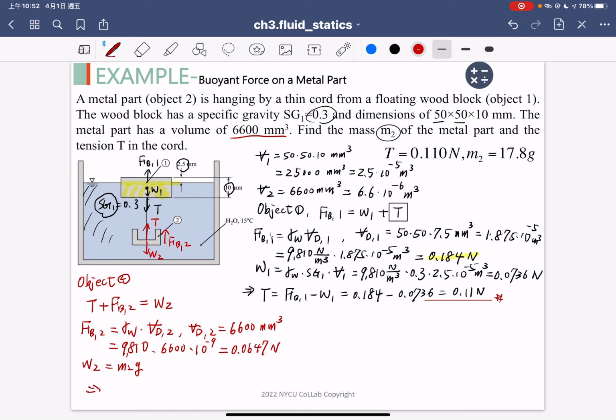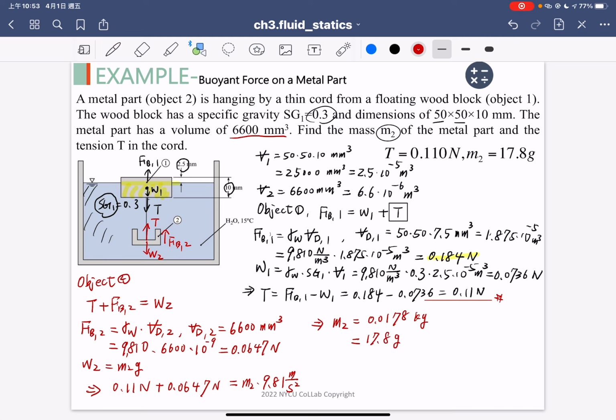And we know that the W2 is equal to M2 G, right? So we can make the balance. The tension force here is 0.11 Newton, plus the buoyant force of the object 2, 0.0647 Newton, will equal M2 times G, where G is 9.81 meter per second squared. So M2 is 0.0647 plus 0.11 divided by 9.81. It is around 0.0178 kilogram, and you can convert the kilogram to the gram, so it is equal to 17.8 g.